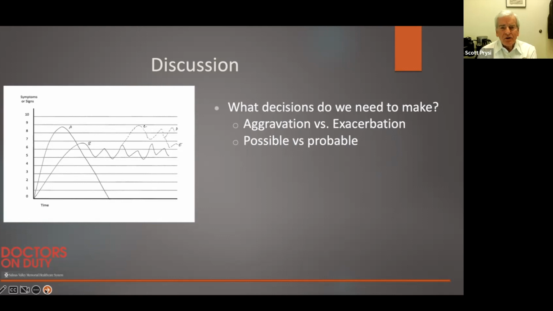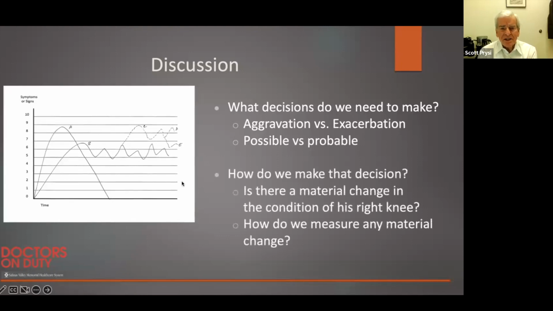The terms in workers' compensation: probable means that the likelihood that the event we see, referring now to an aggravation, is greater than 51% chance, more likely than not, that this is a bona fide aggravation. That's in contrast to possibly an aggravation, which means less than 50% likelihood.